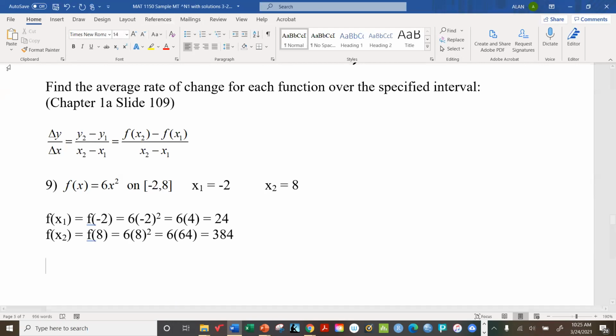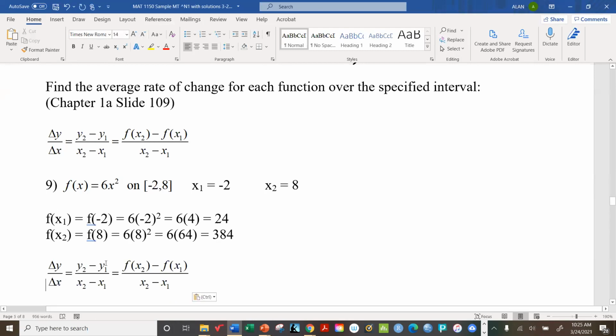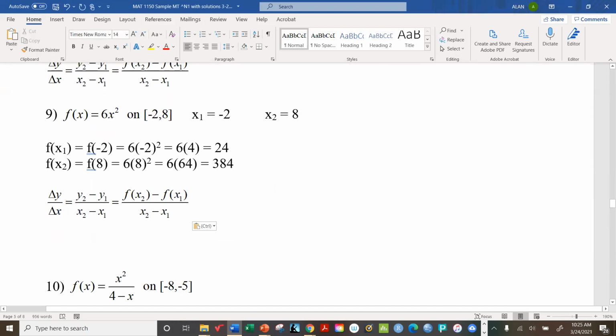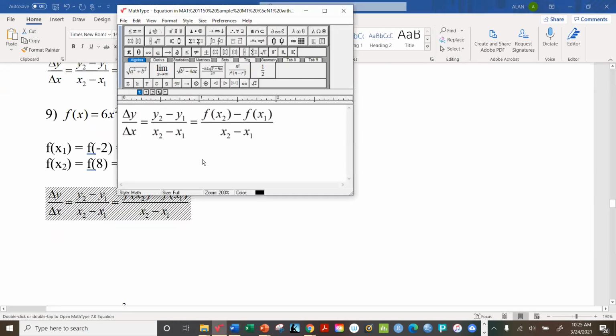Now we can plug everything in. All right, this is our formula. So we got everything we need.